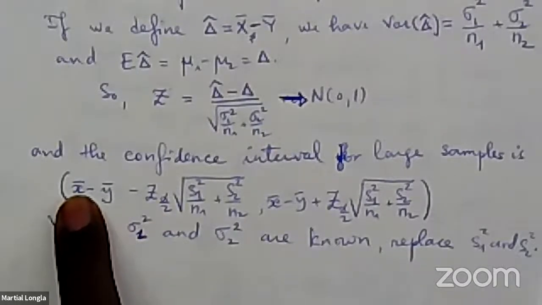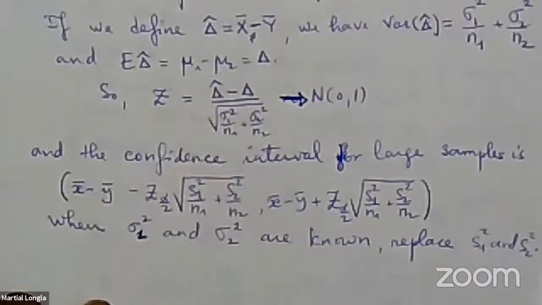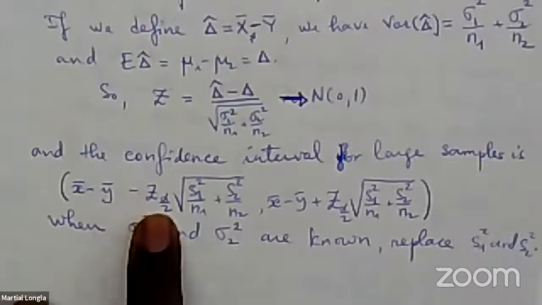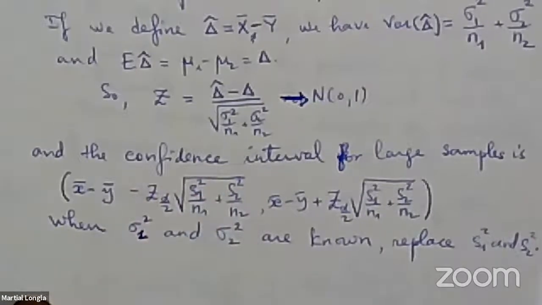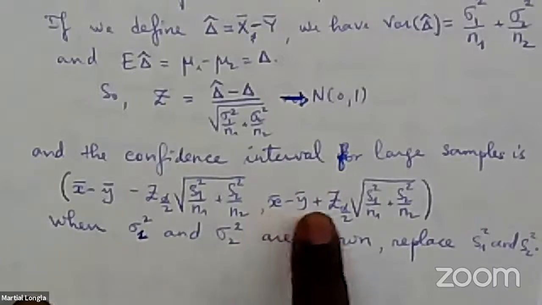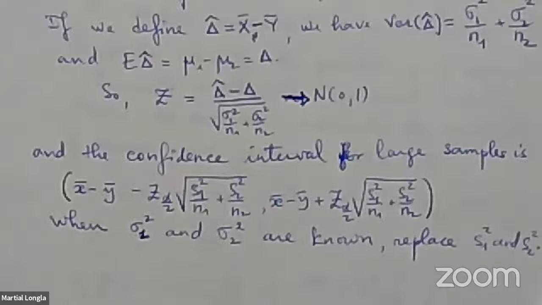The estimate is x bar minus y bar, minus z alpha over 2 times the square root of the variance of delta hat, to x bar minus y bar plus z alpha over 2 times the estimate of the variance of delta hat. That's it.